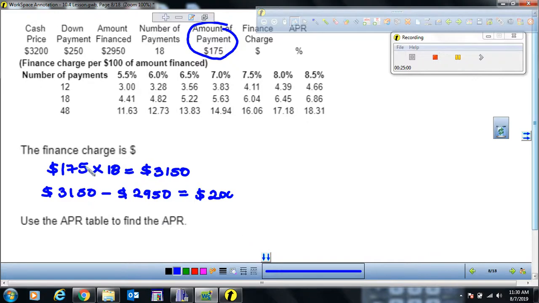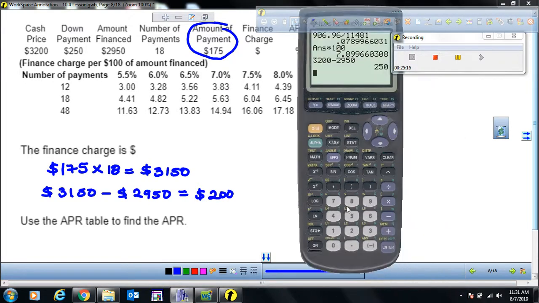So to find the finance charge, you multiply the monthly payment times the total number of payments. 175 times 18 is 3,150. From that, you subtract the actual amount that is financed, and that's 200. That should be your finance charge.